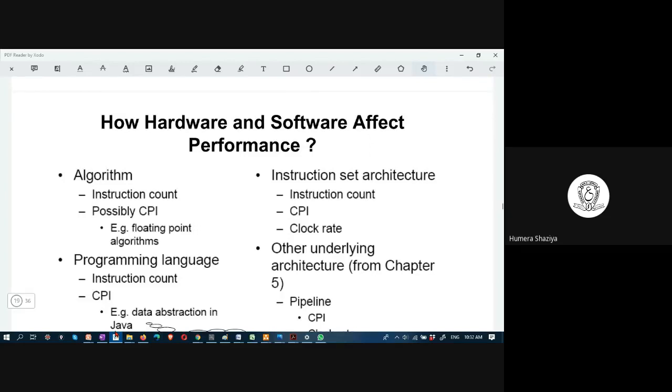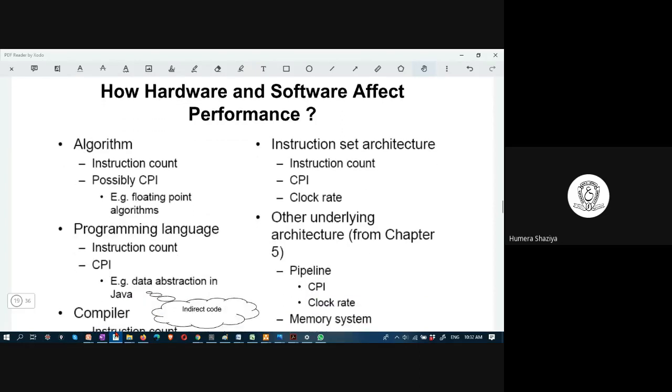The next topic is how hardware and software affect performance. If there is an efficient algorithm, that is the software impact on the performance. That's why whenever you design an algorithm, it should be memory efficient and time efficient. If it is time efficient, it means that it is executing in less time.